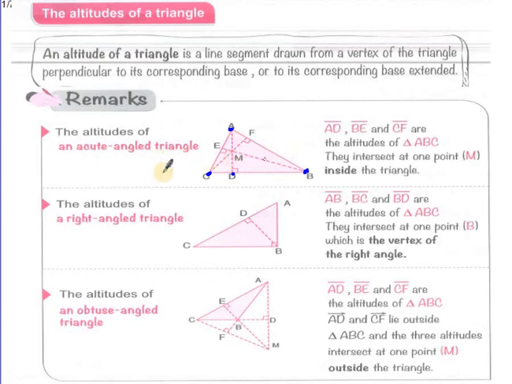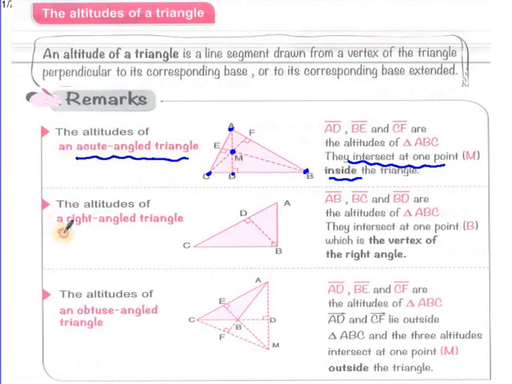Here it's an acute angle triangle, so all the altitudes of the acute angle triangle intersect inside the triangle. This is very important to know. Acute angle triangle: intersect inside.